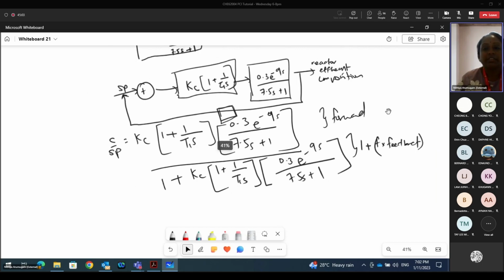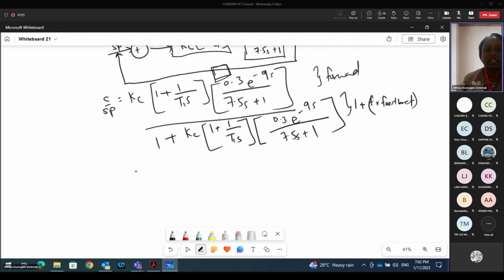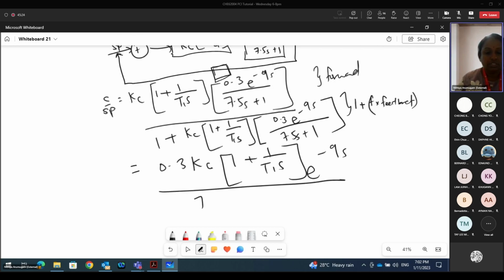And of course, you can't leave it as it is. You need to simplify all the KC and T terms here. So when you simplify, you'll be getting 0.3 KC, 1 plus 1 over T1S, e negative 9S over 7.5S plus 1 plus KC, 1 plus 1 over T1S, e negative 9S times 0.3.